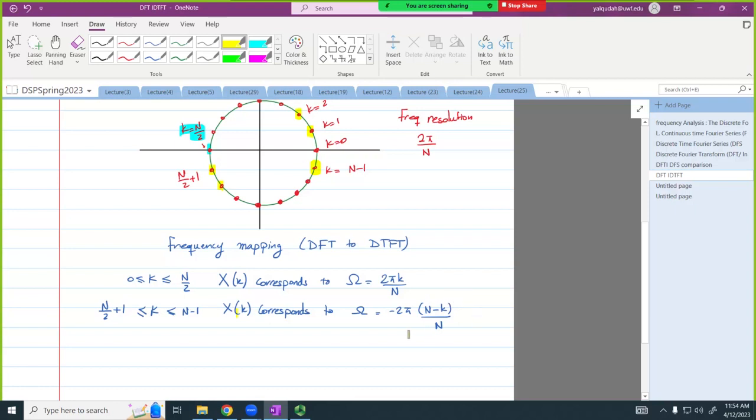What is that going to correspond to? Negative 2 pi divided by N. So this corresponds to 2 pi over N. This corresponds to negative 2 pi over N. There's symmetry along the y-axis.